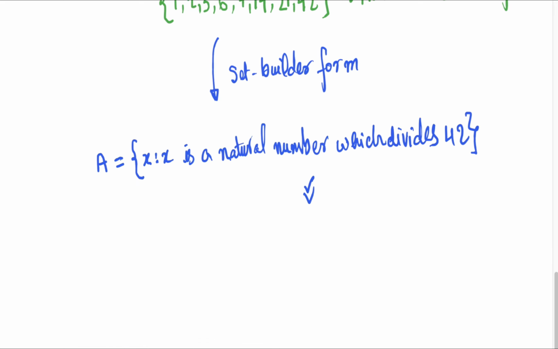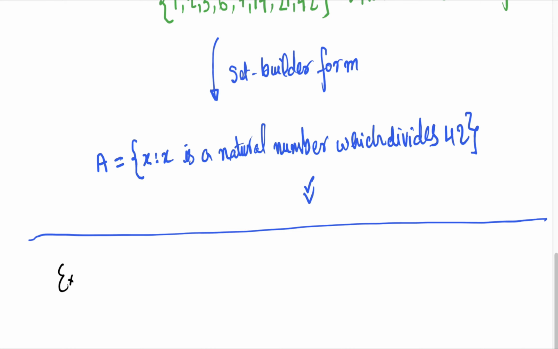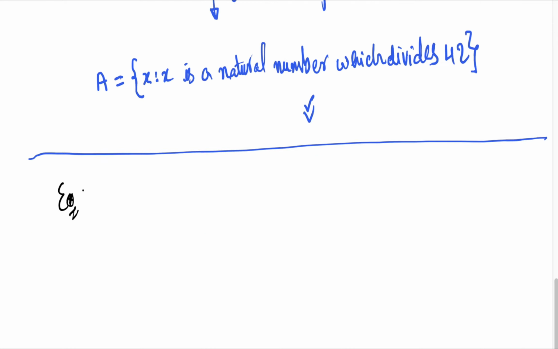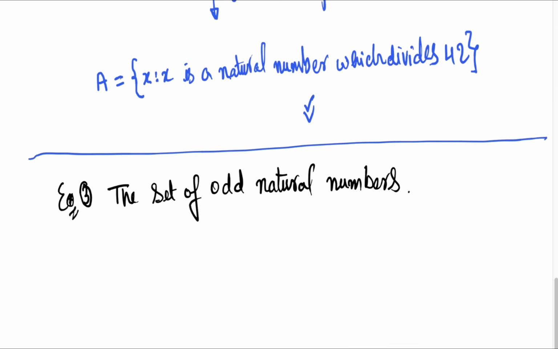Let's see how we can convert into set builder form directly, without converting into roster or tabular form. Example 3: the set of odd natural numbers. Here we want to convert it into set builder form directly.